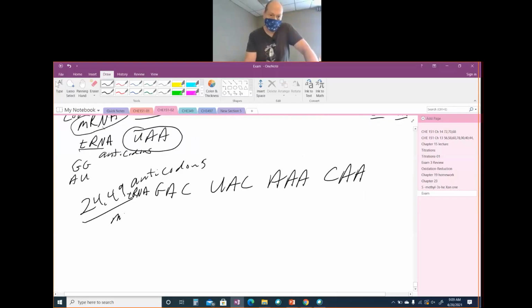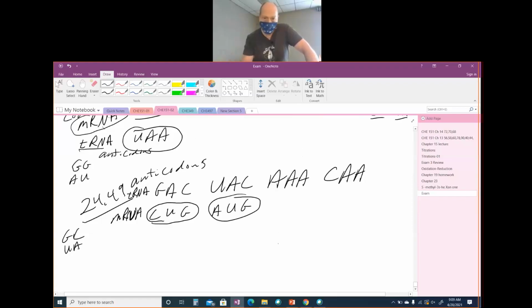In order to get your messenger RNA and the codons for the chart, you have to do the base pairs. Again, G, C, and U and A. So you're looking up CUG, and you're looking up AUG, and you're looking up UUU, and you're looking up GUU. These are your four codons. This is the chart.